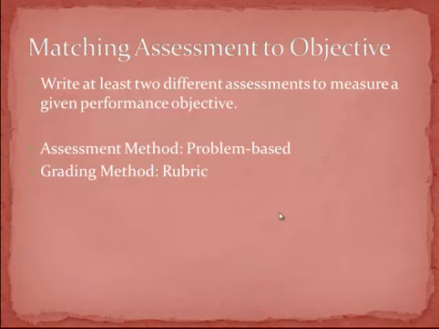Is it knowledge, comprehension, application, etc.? And based on that, decide what type of assessment is needed in order to measure that objective. You also need to decide how you're going to grade those assessments, and you have to do 2 of them that are different. To grade this problem-based assessment, I'd end up using a rubric that has those performance criteria listed on one side and the level of performance on the other, and I would clearly describe what those levels are so that you as the student would understand how you're going to be assessed.